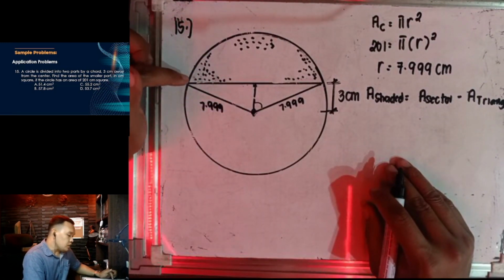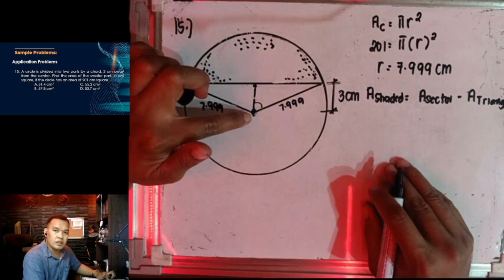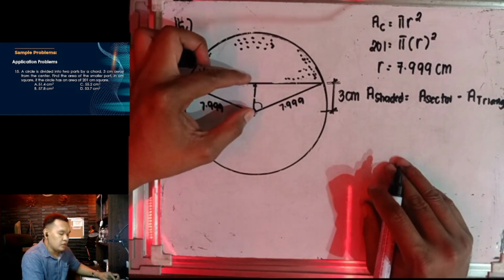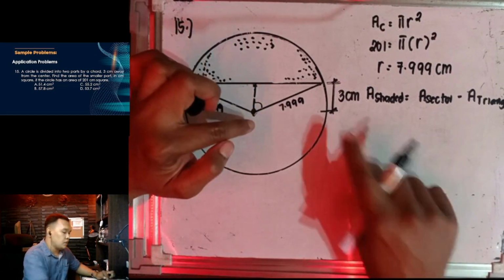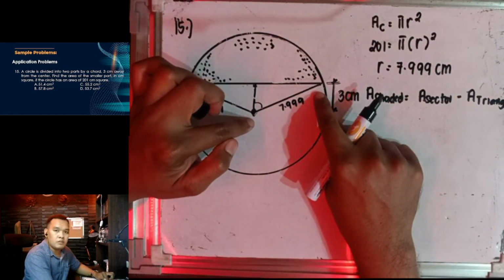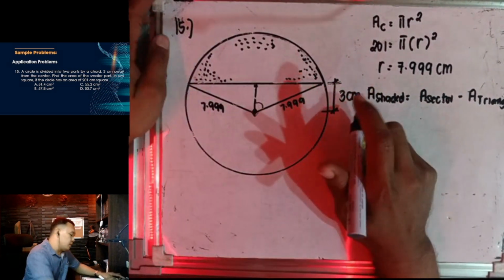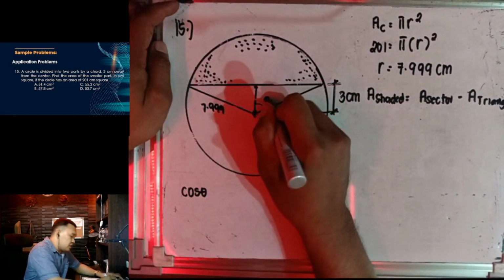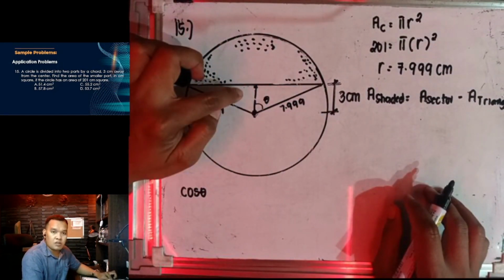Okay. So, to get the value, kunin muna natin yung angle dito, itong angle na to. So, para makuha natin yung angle dyan, di ba may 3 cm ako dito, plus yung 7.999 cm na to. So, the formula will be cosine theta is adjacent over hypotenuse.